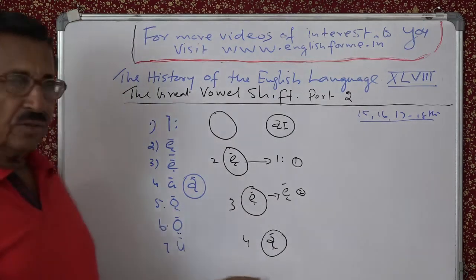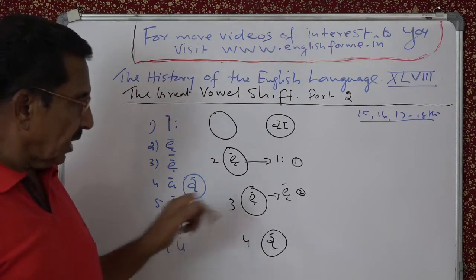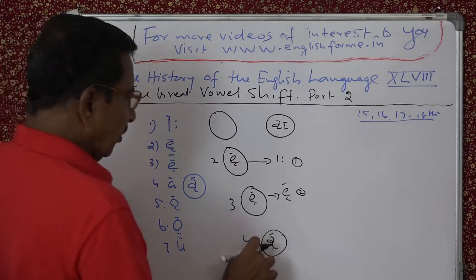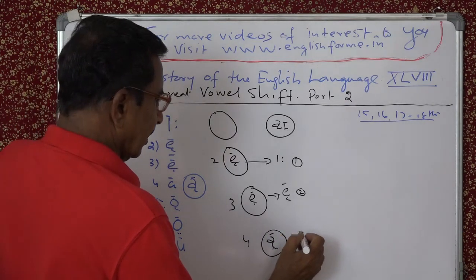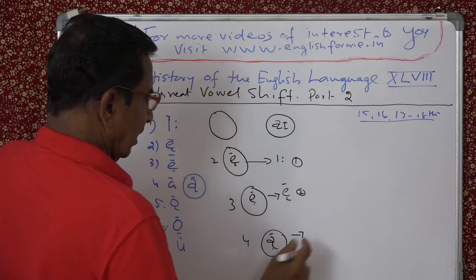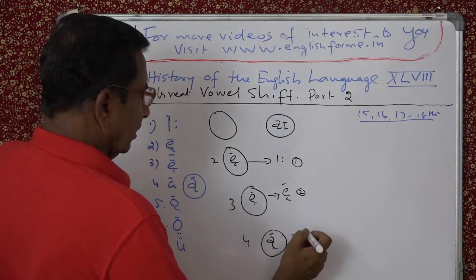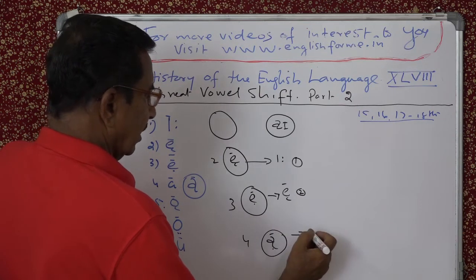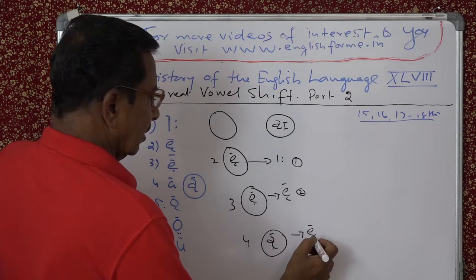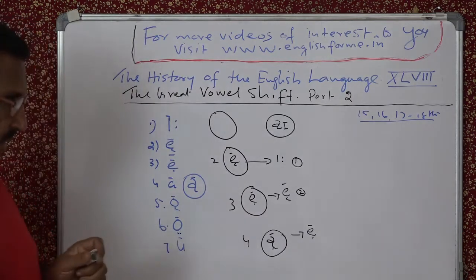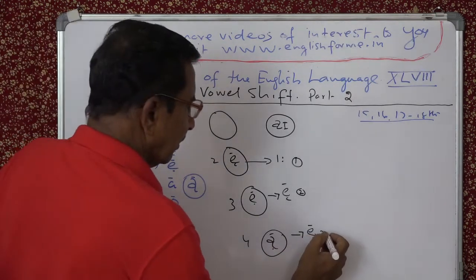Then naturally 4 became 3. 4 became 3. That is this one. This is what happened. Did you see?